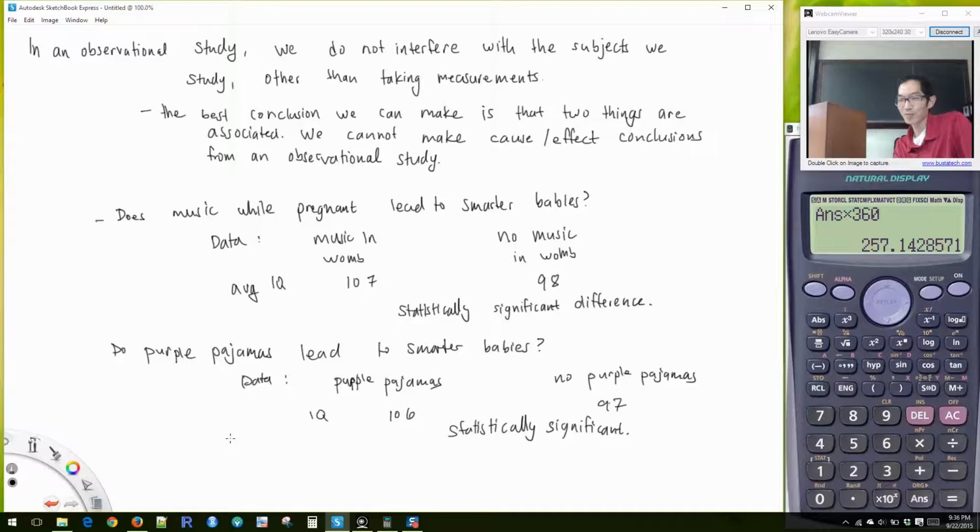This study was released and its findings will blow your mind, or whatever. If it's an observational study, we cannot make cause and effect conclusions. That's the rule, okay? Because a lot of these things, we have what we call confounding variables and lurking variables.